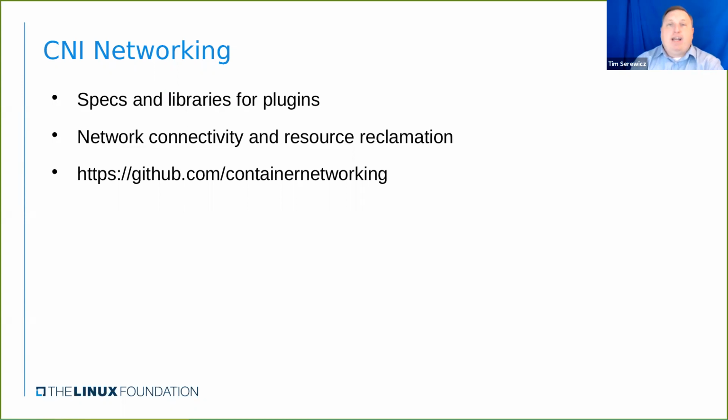Because we shouldn't care what the local OS is doing. We should have some sort of open and independent way of communicating with it. And that's what CNI networking does. There's a URL there, github.com container networking, that you can see about that, not only just providing resources, but when the container is no longer running, how do I clean up afterwards?